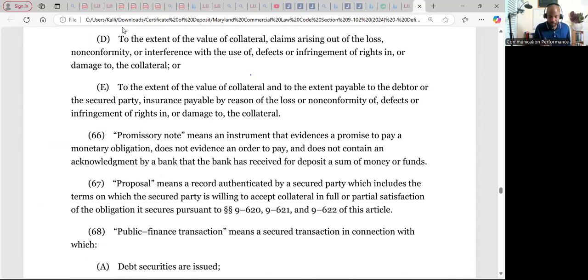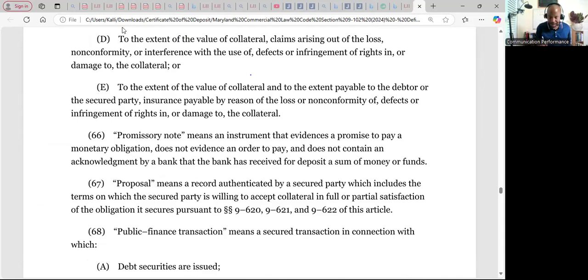So promissory note is an instrument that evidences a promise to pay a monetary obligation, right? So you paid your monetary obligation when the bank accepts your note. That's why their asset increase on the asset side of their balance sheet, their cash increase, right?